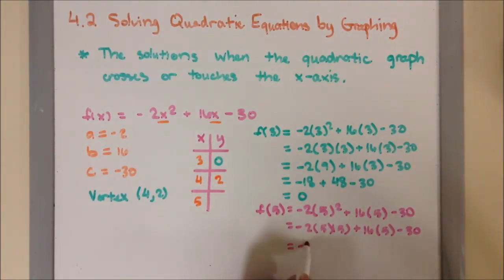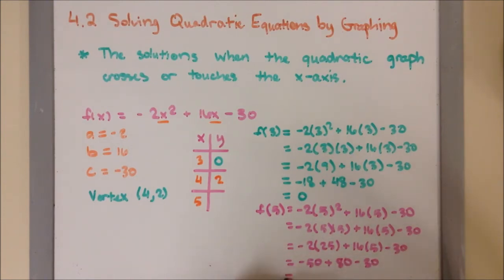So negative 2 times 25, that's negative 50, plus 16 times 5, that's going to be 80, minus 30.